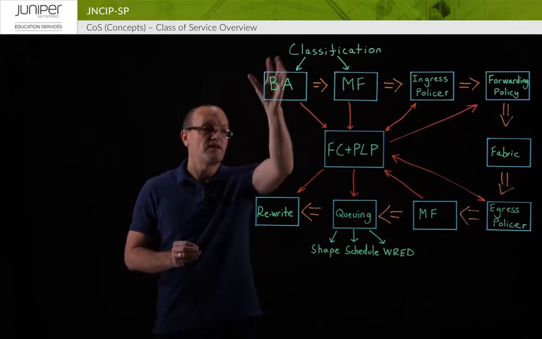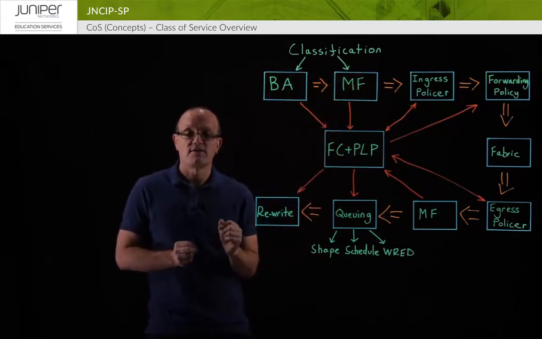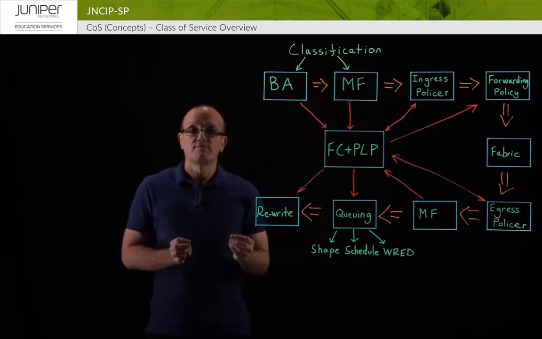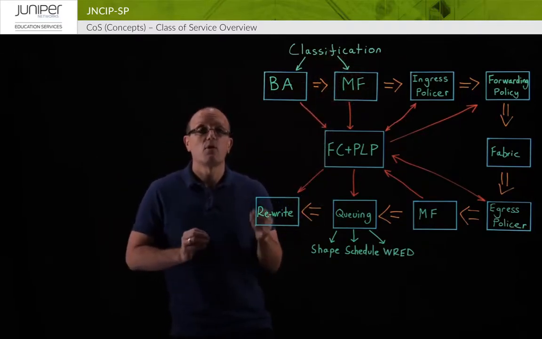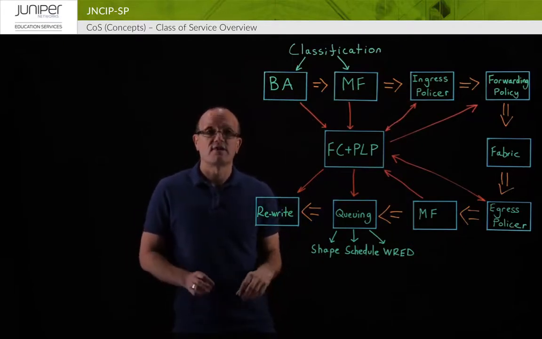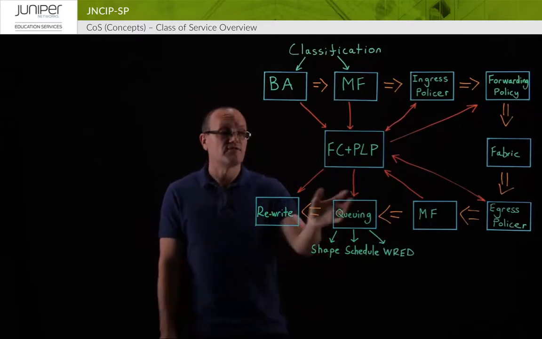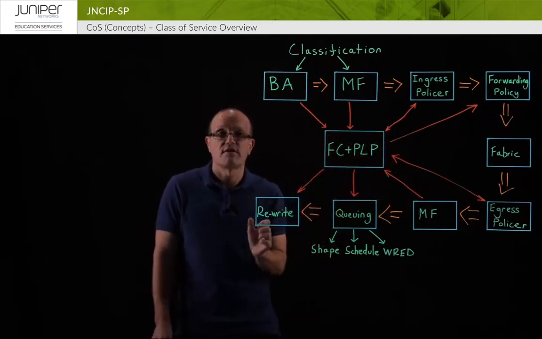So we've set our forwarding class and packet loss priority via classification. What happens next? Well, we can use ingress policers to rate limit that traffic, and these ingress policers can reference the set forwarding class and packet loss priority.